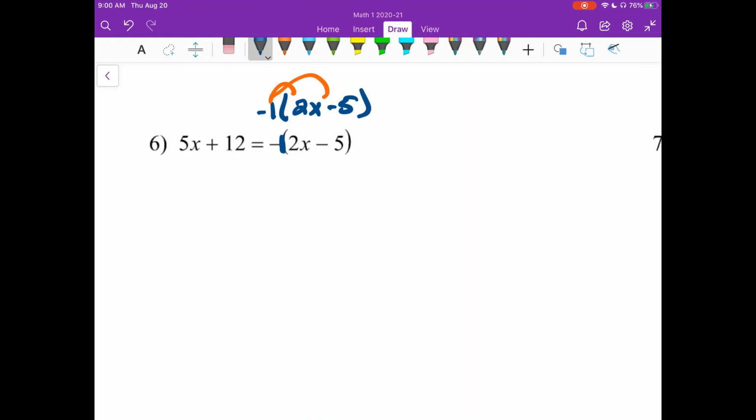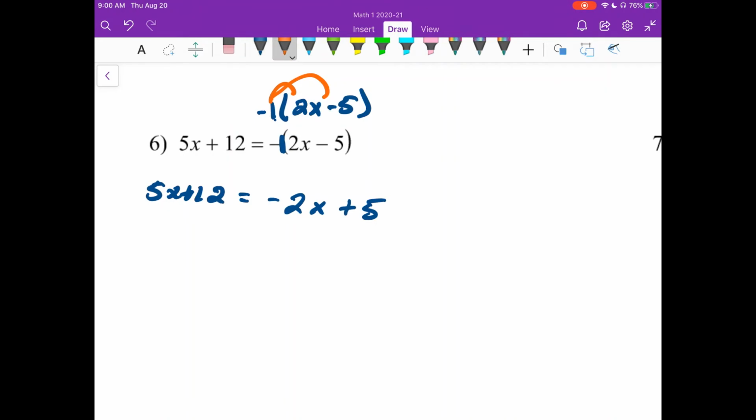If you do decide to just distribute the negative, what you are doing is distributing a -1. It looks different, but it's the same thing. So we got 5x plus 12 equals -1 times 2 is -2x, and then -1 times -5 is +5.